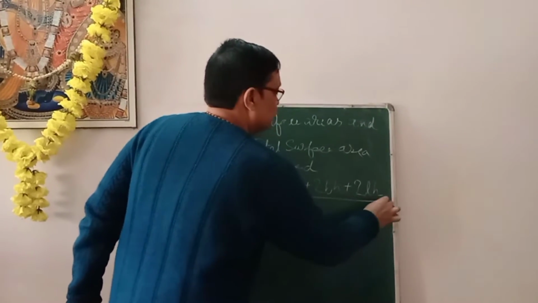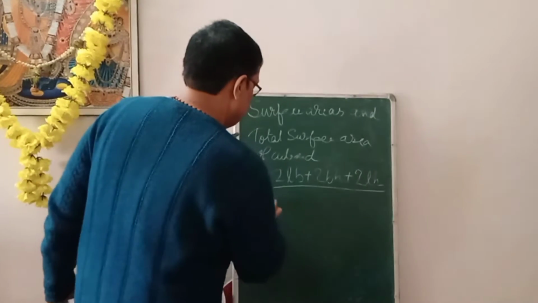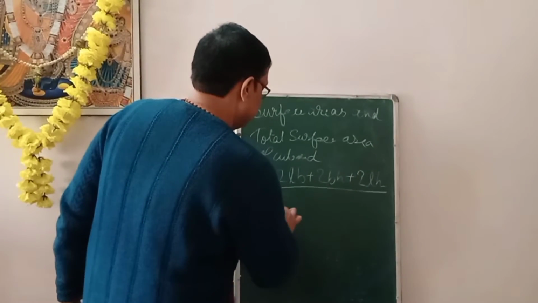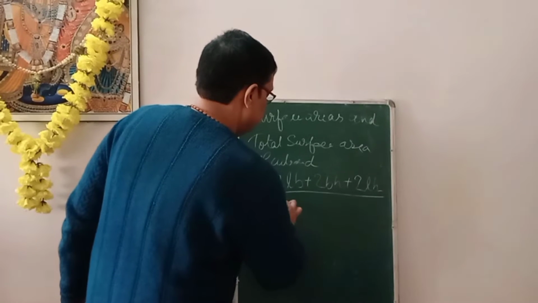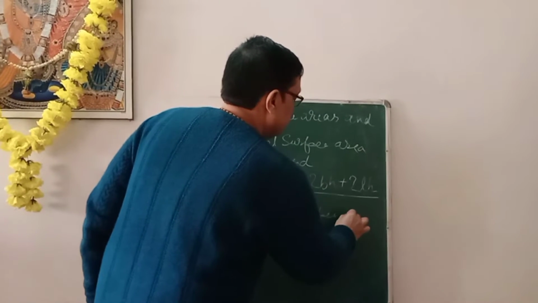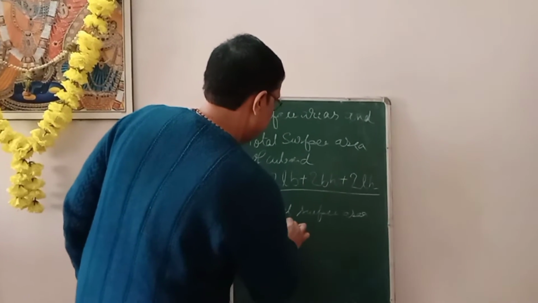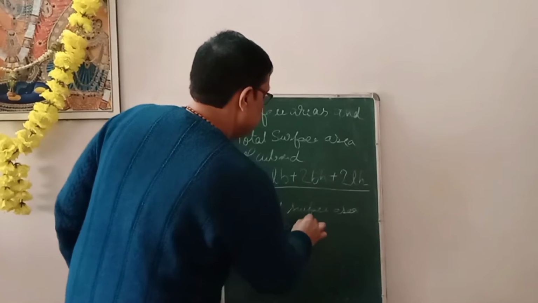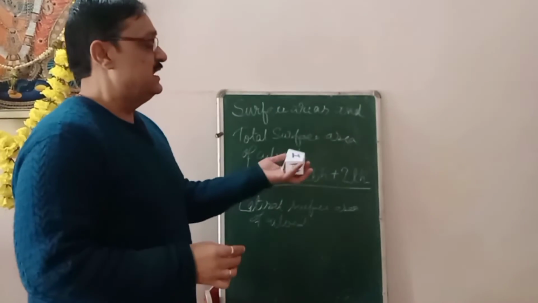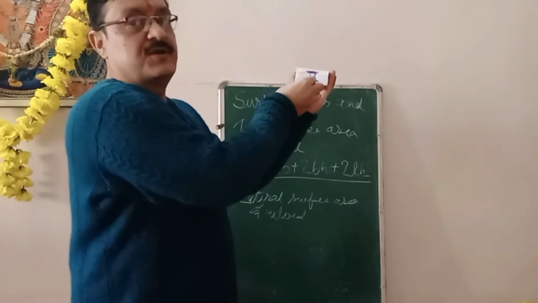This is the total surface area of cuboid. Now what is the lateral surface area of cuboid? When we say lateral surface area, we exclude top and bottom.